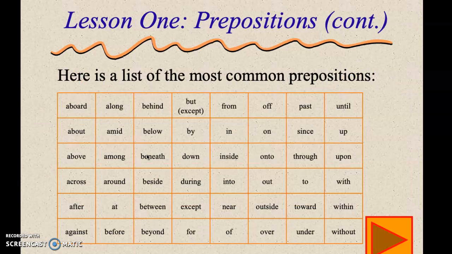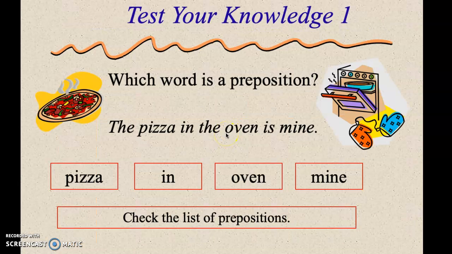I don't see the word oven, or mine, but I do see the word in right here. Where is the pizza? The pizza is in the oven, describing the relationship between pizza and oven. It is in there, describing location for this particular one. So in would be your preposition.